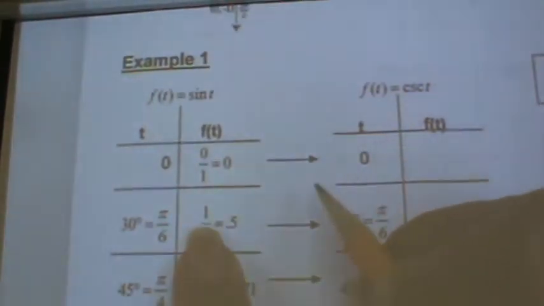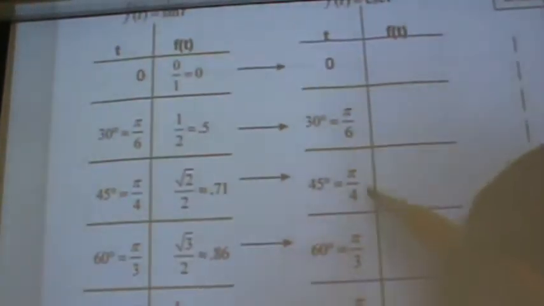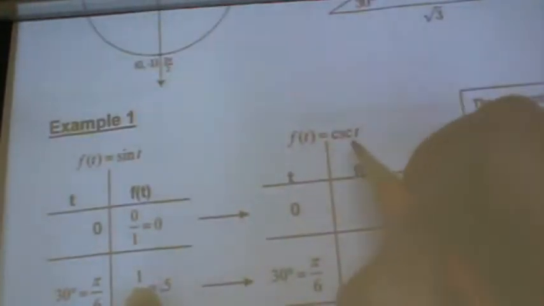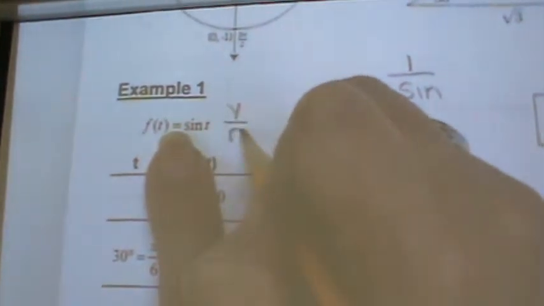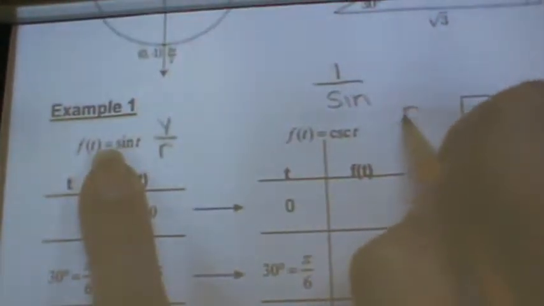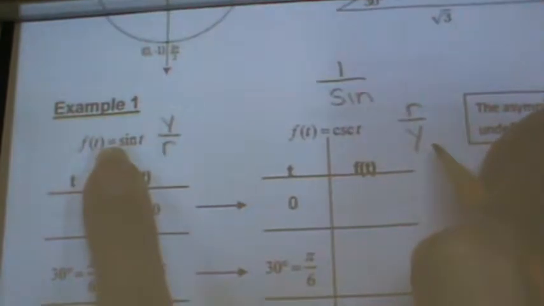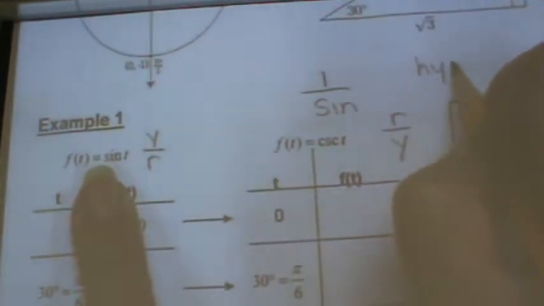Now, what I want you to understand is what cosecant is. Cosecant is 1 over sine. So if we take these same ordered pairs, since the definition of cosecant is 1 over sine, instead of saying sine is y over r, it is now r over y, or hypotenuse over opposite.